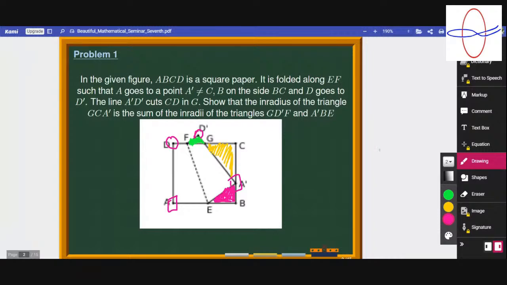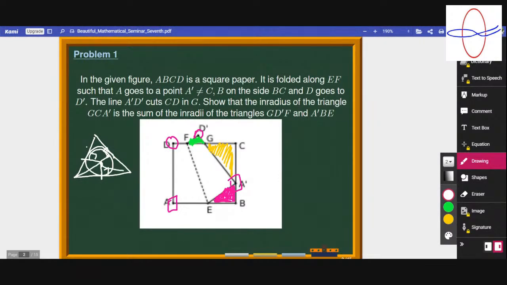One idea that people are giving here is to use this: do you know that in a triangle, this is the in-radius?